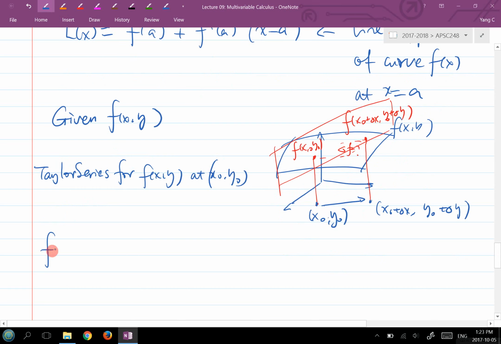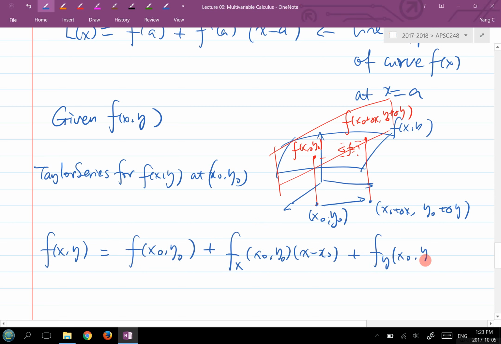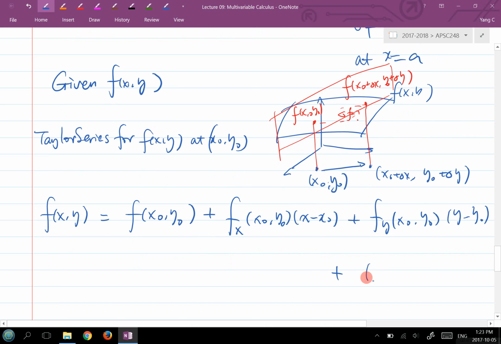So the way to expand it is this. f of x, y is equal to, expanded at x naught, y naught, f of x naught, y naught, plus fx at x naught, y naught times x minus x naught, plus fy at x naught, y naught times y minus y naught, and then plus those higher order terms. That's the Taylor series expansion.